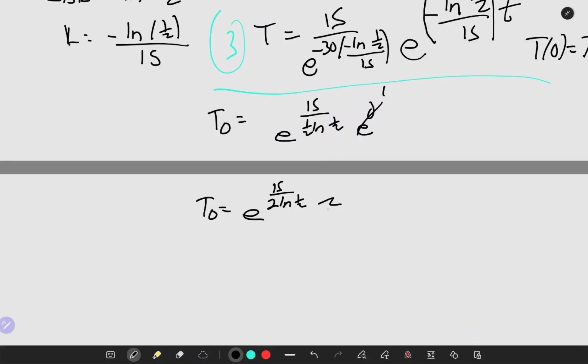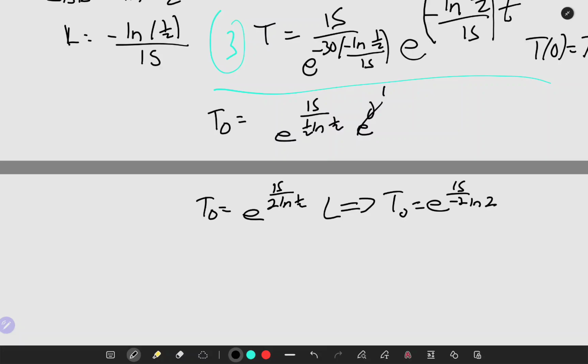Which you can actually rewrite then as negative 2 ln of 2. So let me put that into the calculator.